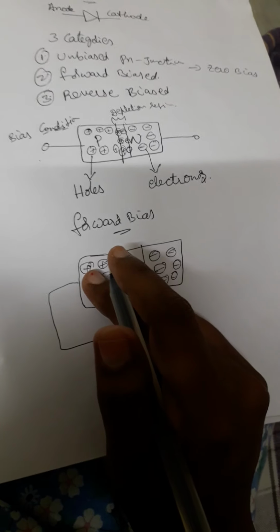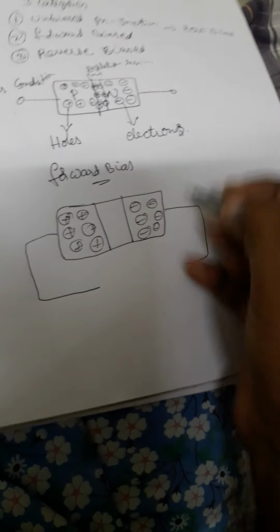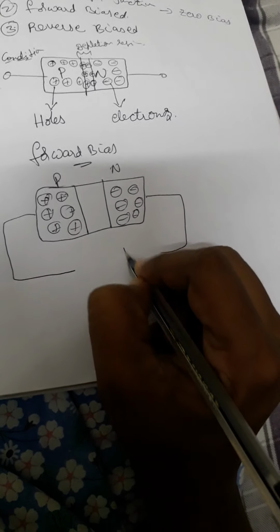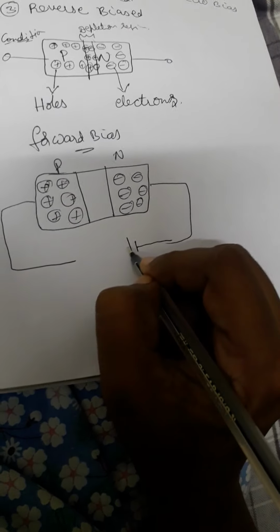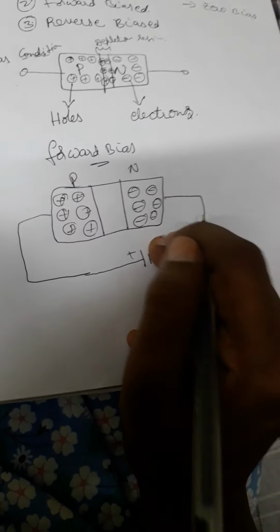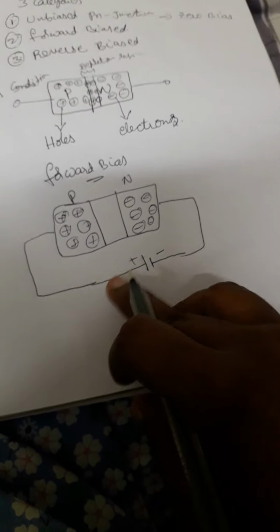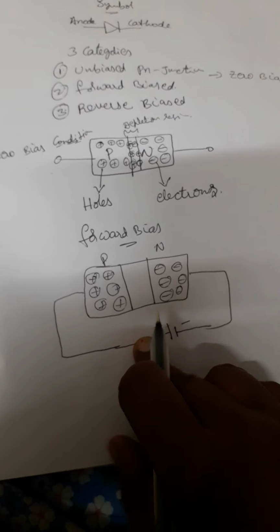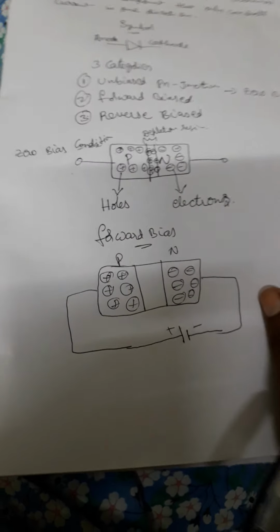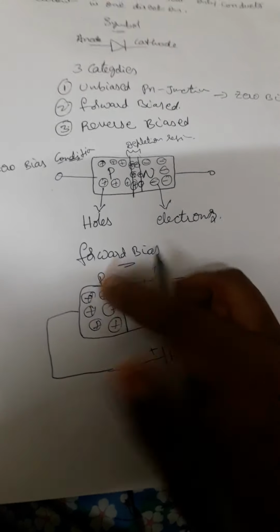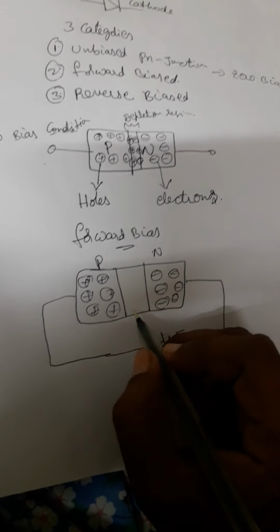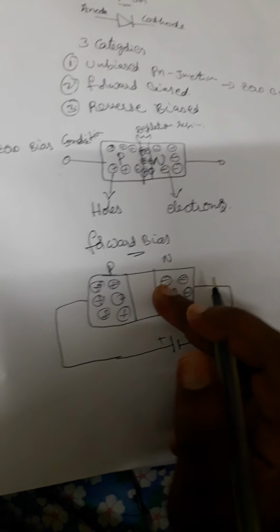This is P and this is N. The negative terminal of the battery is connected to the N-type material, and the positive terminal of the battery is connected to the P-type material. This connection is also called giving positive voltage.